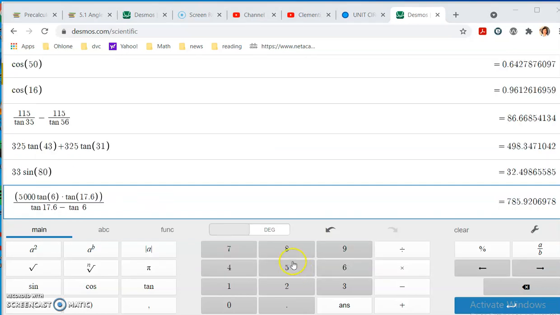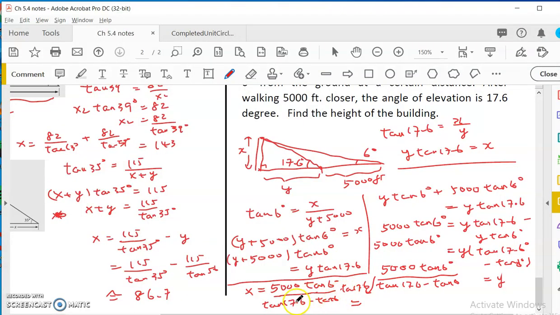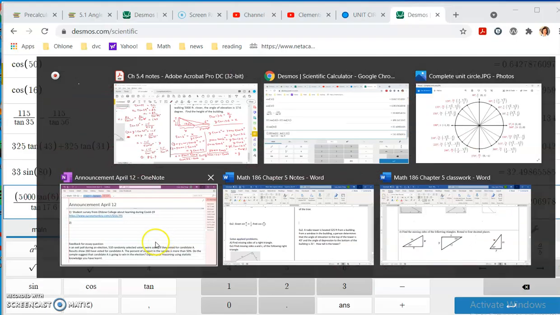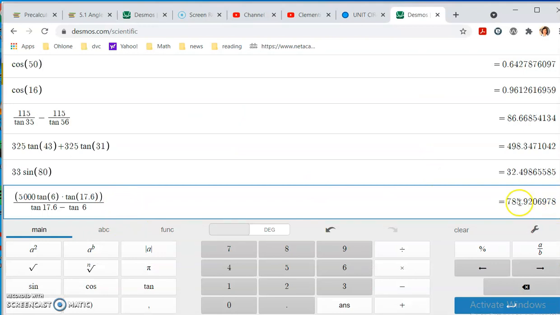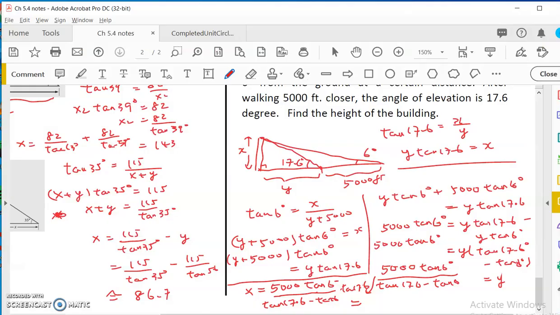Let's look at it again. Yeah, and that's it: 785.9. So the building is 785.9. What unit is it? It's feet. Okay, so that's the answer.